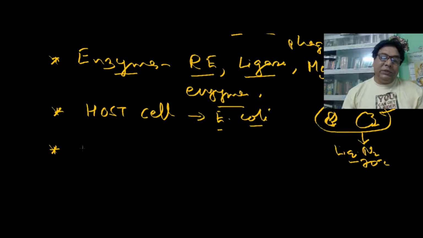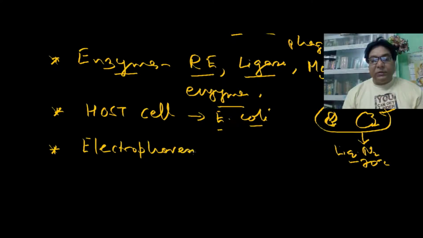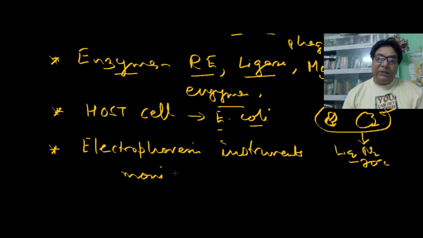And another thing that you require is electrophoresis instrumentation, just for the sake of monitoring the changes that you are making, just to monitor that the recombinant DNA has been synthesized and transferred to a host cell.